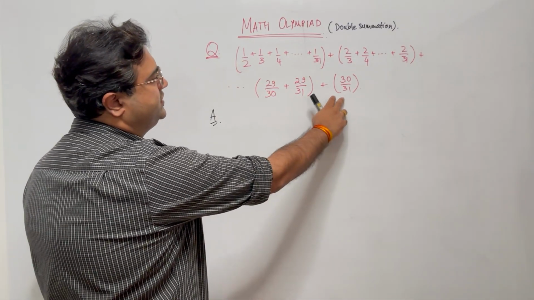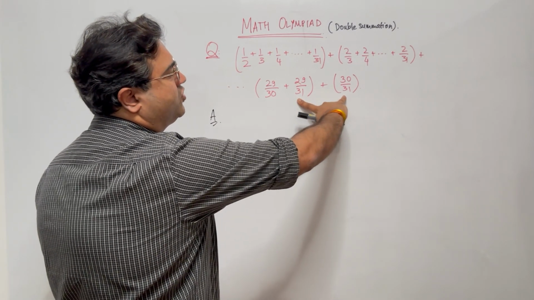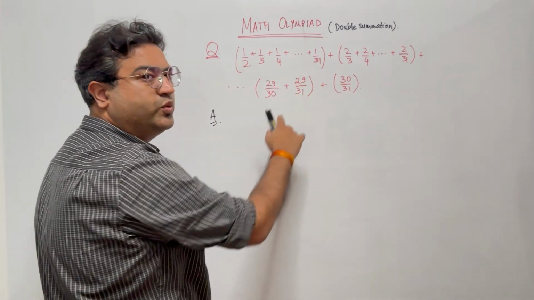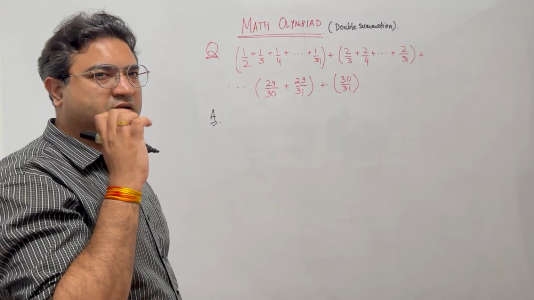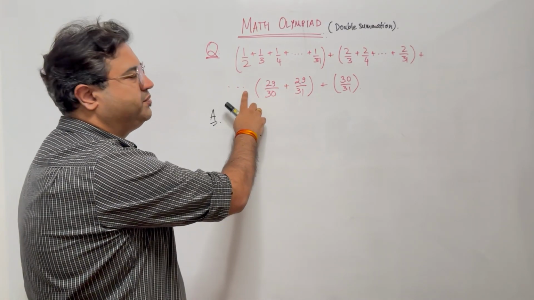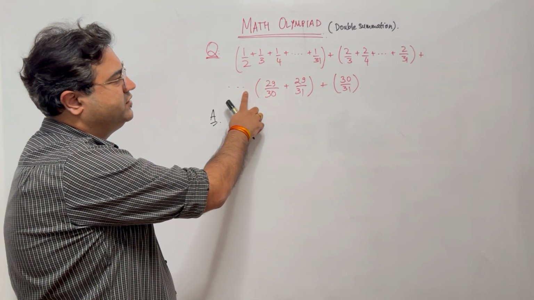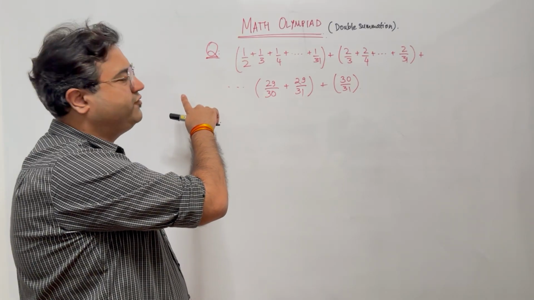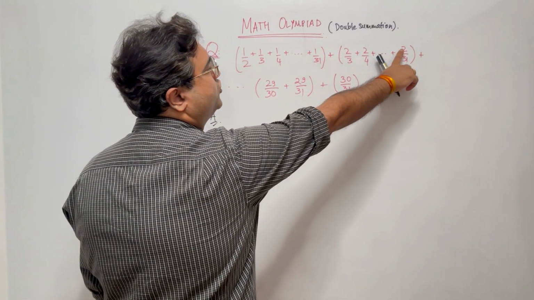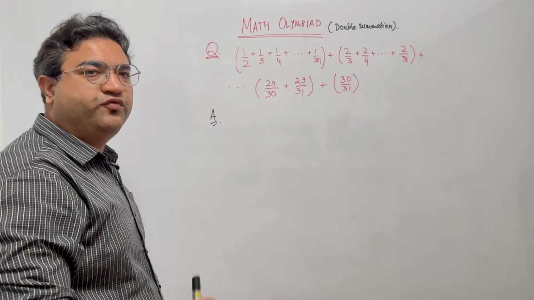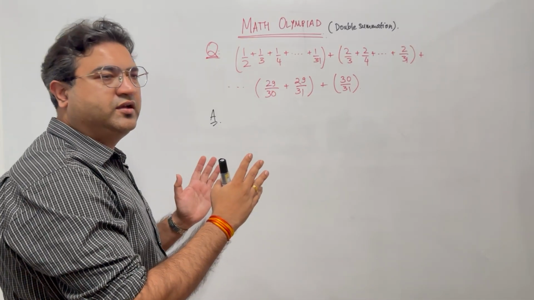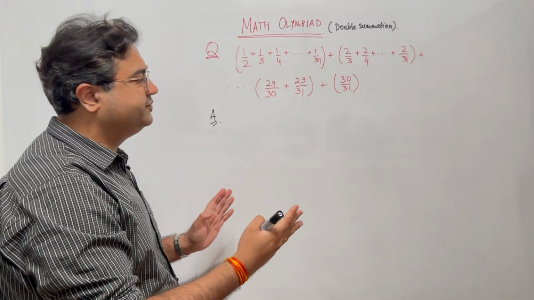So these two have a common denominator 31, and we see there is a 30 and then 29. That creates a spark that the previous one will have 28, then 27, all the way up to 2 and 1. So we have to actually switch how the series is represented.